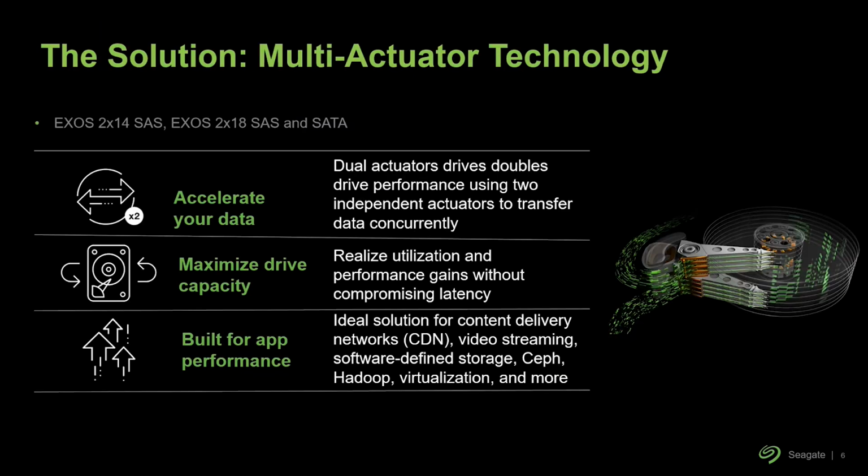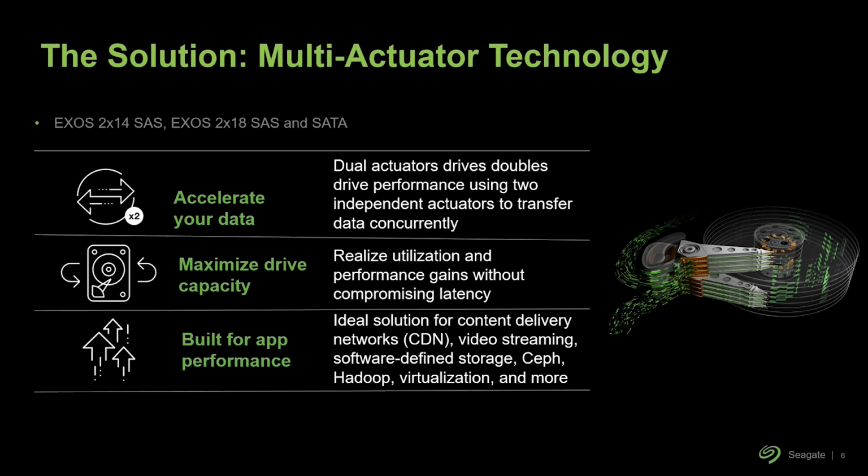So the solution is multi-actuator technology. With two actuators, you can in fact, especially for sequential workloads, double the drive performance because you're transferring data concurrently. If you look at this picture on the right, you'll see that the actuator is effectively sawed in half.